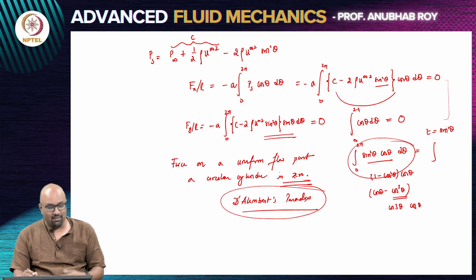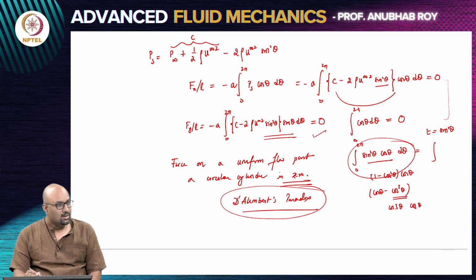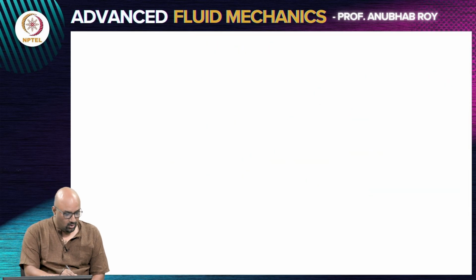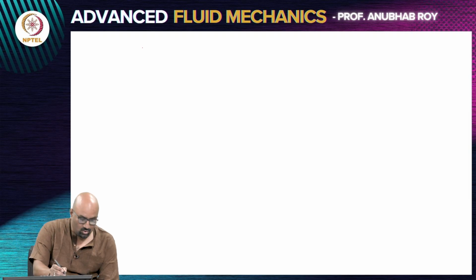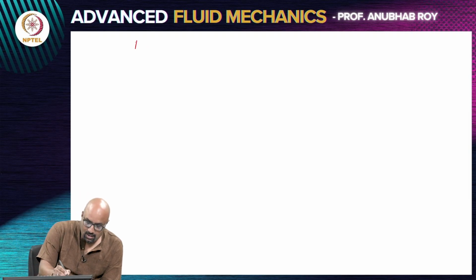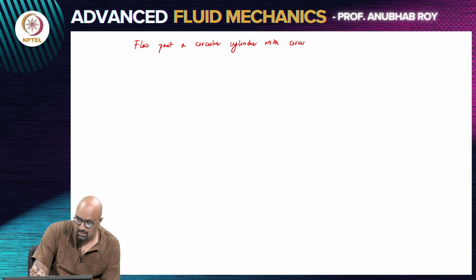But before we delve into this paradox, it is important to focus on the other part, which is the lift part. To look at the lift part, we will look at a superposition which is now going to be a flow past a circular cylinder with circulation.